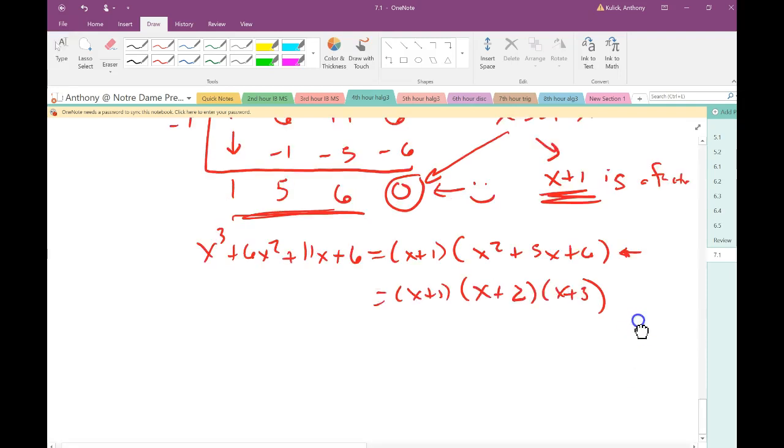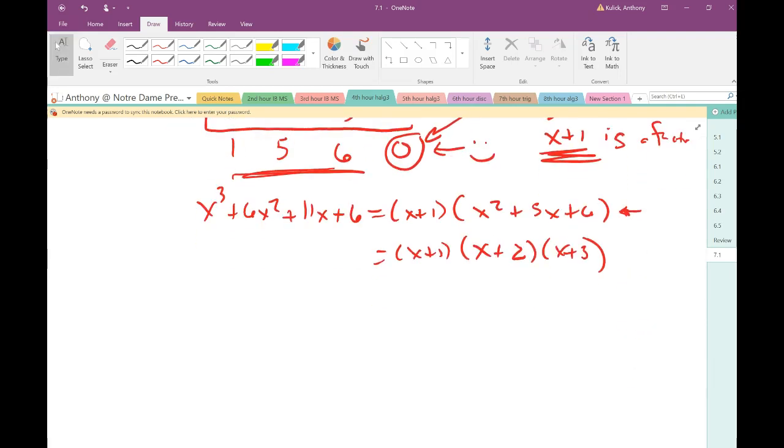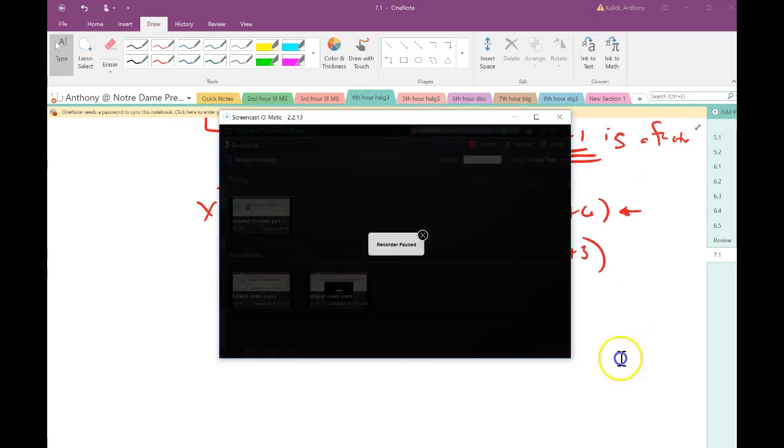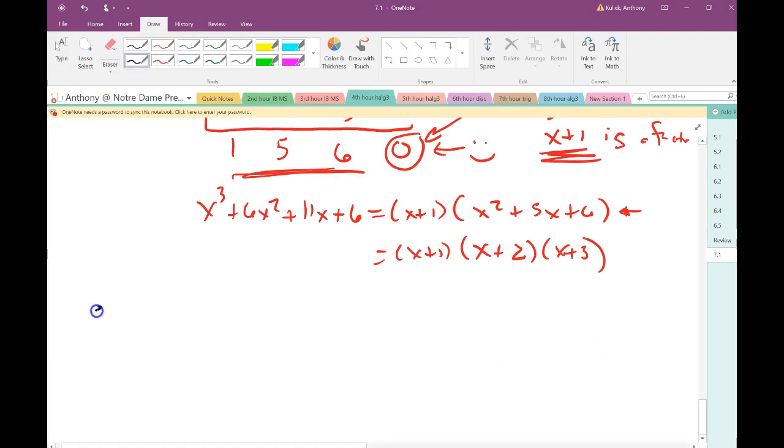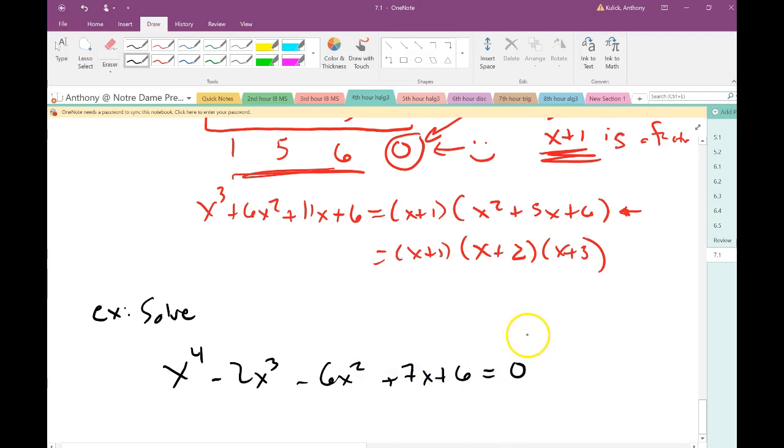So let's look at another example that's maybe a little less straightforward. Let's say we're asked this time, instead of factoring, to solve x to the 4th minus 2x to the 3rd minus 6x squared plus 7x plus 6 equal to 0.